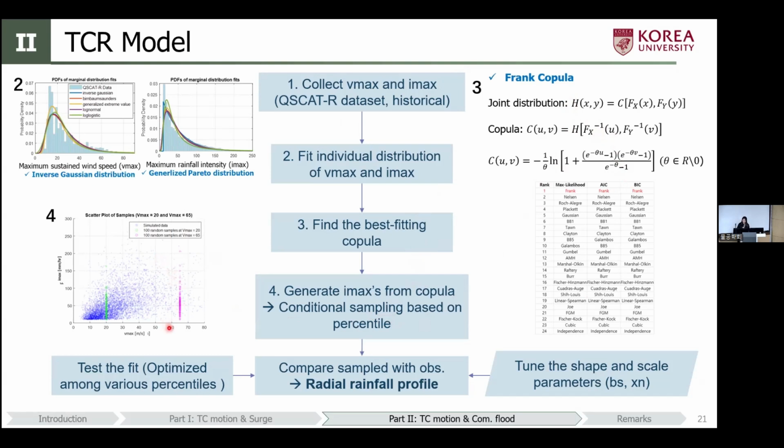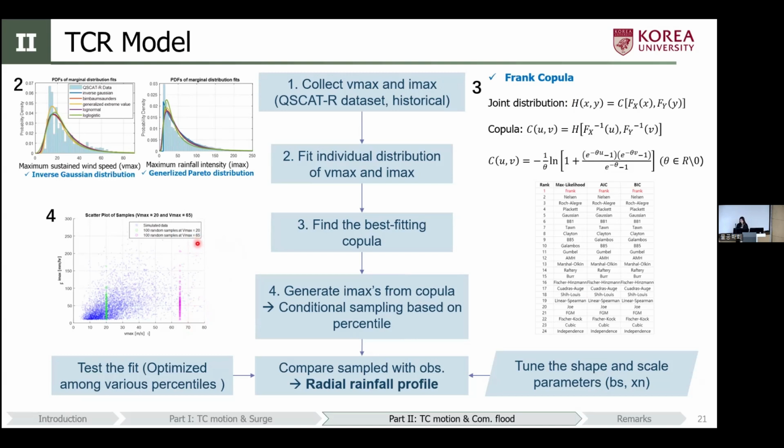We get the Imax at a certain Vmax. Like if we have information on the Vmax, say the Vmax is 65 meters per second, then we should have an Imax. So what will be the Imax? In the sampling process we have lots of samples, so we need to get only one sample from these samples.